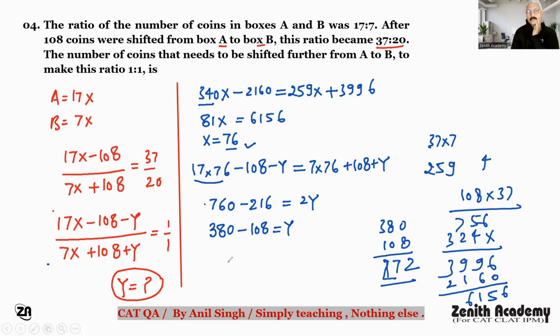So the answer is y equals 272. This is the final answer. Means if 272 coins are shifted from A to B, the ratio will become 1:1.